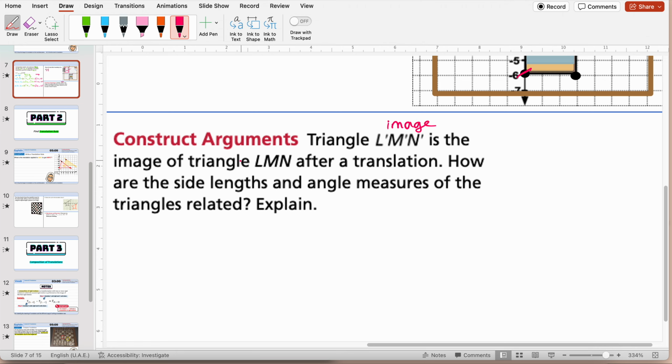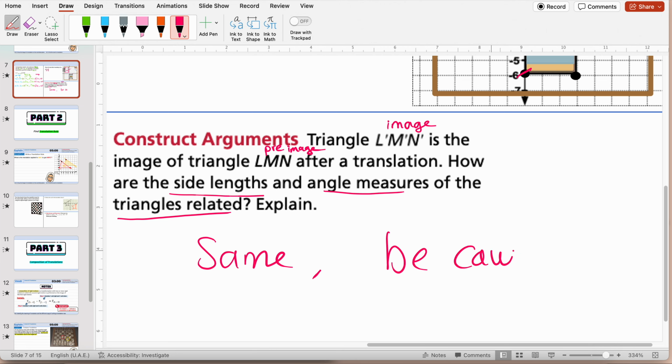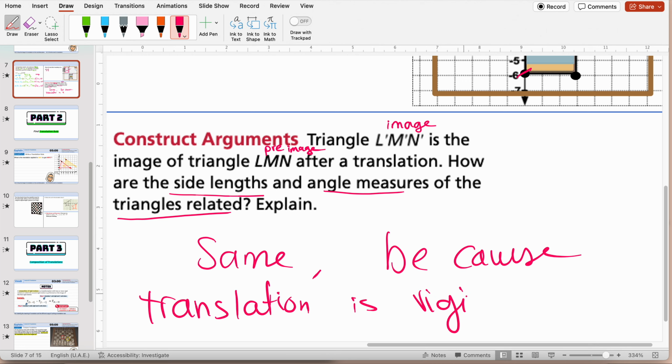is the image of triangle, this is the pre-image. How are the sides lengths and angle measure of the triangles related? They are the same. Why we said that? Because translation is rigid motion.